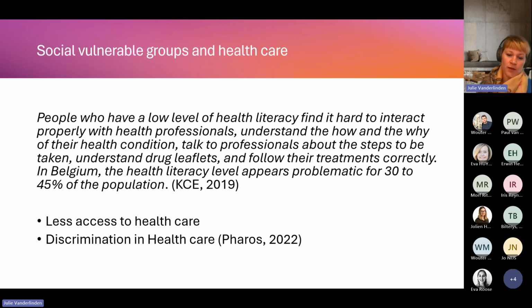So VAROS is a research institute from the Netherlands, and they had a publication. It's quite interesting. It's quite recent. It's from 2022. It's about the discrimination level in healthcare, and that is actually in the Netherlands, so it's not so far from our bed either. And they gave some examples on how people were discriminated against in healthcare institutions.